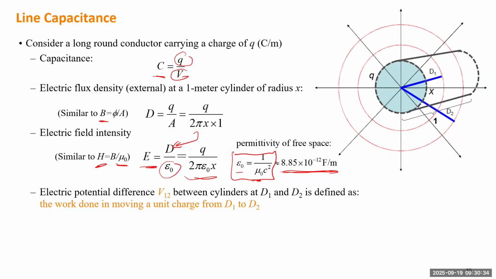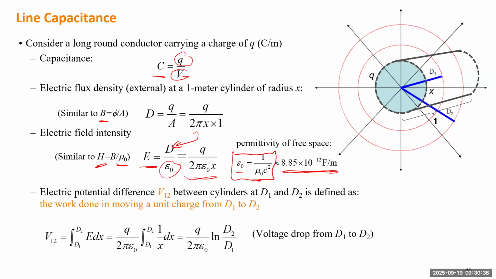So here we first need to calculate the voltage. Voltage is defined to be just a potential change, which is defined as the work done moving a unit charge from the distance D1 to distance D2. So basically we just integrate the electric field for the change of the distance from D1 to D2.